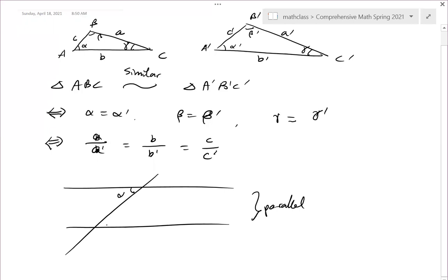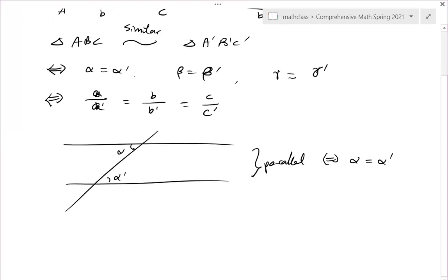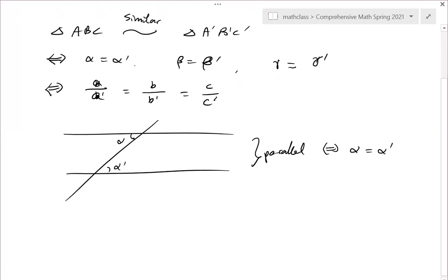So how to check whether two lines are parallel? If this is angle alpha, then the lines are parallel if and only if alpha equals alpha prime.